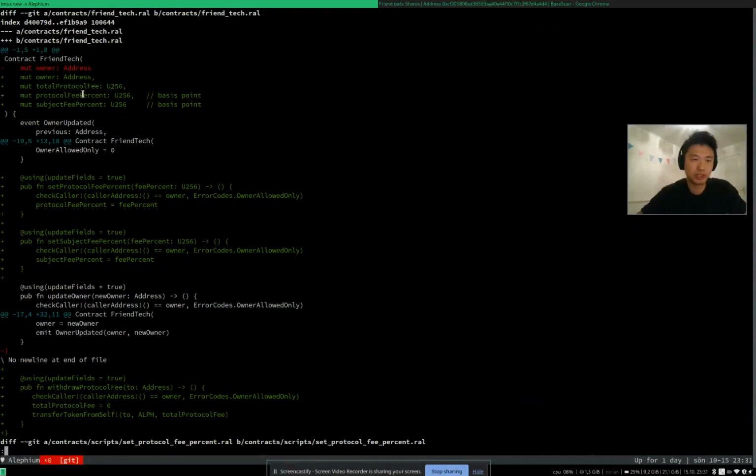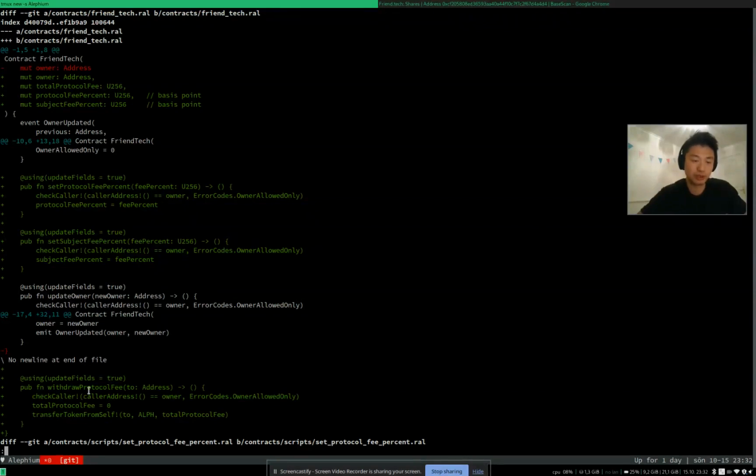So if we set a regular address as the destination fee, and every time there's a protocol fee, we basically send to this address, that would potentially create a lot of UTXOs, which is not very efficient. So a better way to do this is to actually keep the protocol fee in the smart contract, like the Friend.Tech smart contract, and then only allow the owner to withdraw them.